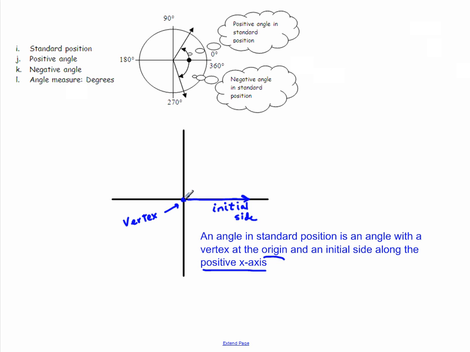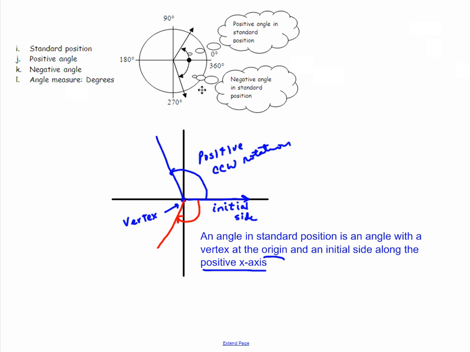So if we have an angle that rotates in the counterclockwise direction like this, we call that a positive angle. So positive angles are associated with rotation in the counterclockwise direction. Now on the other hand, we could look at a negative angle, and a negative angle is an angle that is measured in the clockwise direction.